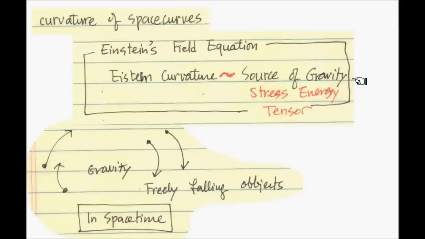That source of gravity is not just the mass of the thing, but whatever is going on inside, which he called the stress, defined as the stress-energy tensor. This direct proportionality of the curvature and the stress-energy tensor as the source of gravity is called Einstein's field equation. So you can feel that curvature, an important notion in geometry, became a big deal in physics as well. This is a big theorem in geometry and physics.